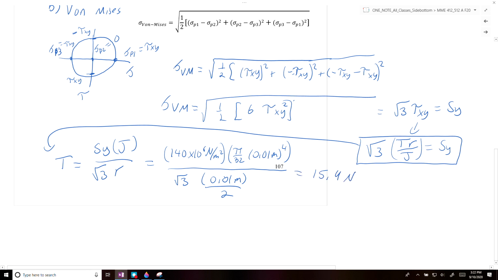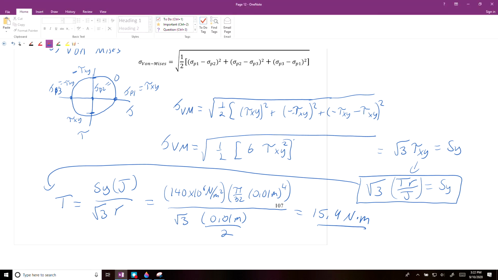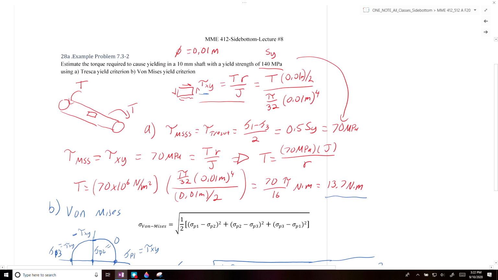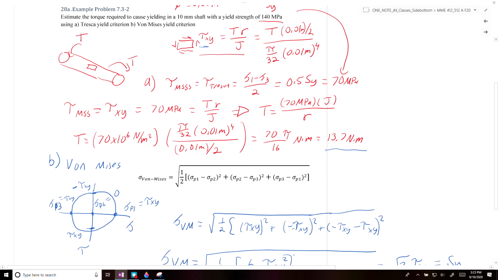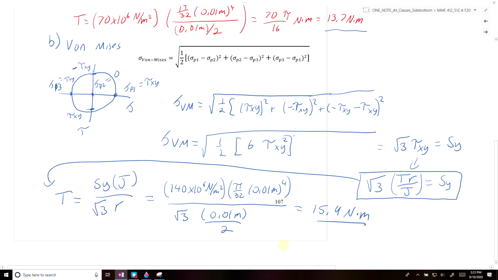Newton meters. So to recap, based off of our two criteria, if we needed to calculate the maximum torque that could be applied to this shaft, the Tresca criteria stated that the maximum torque you could submit was about 13.7 Newton meters, while the maximum torque for the von Mises case was 15.9 Newton meters.